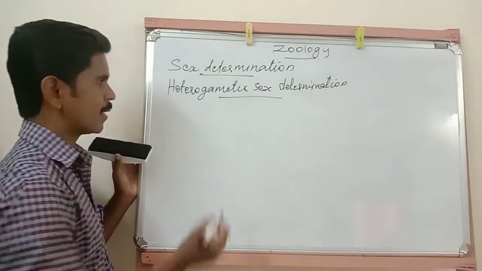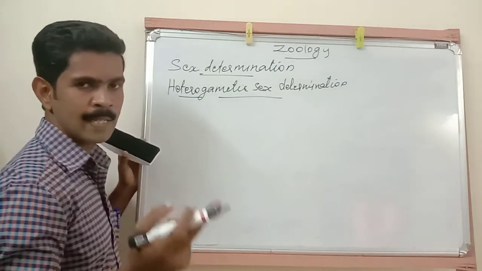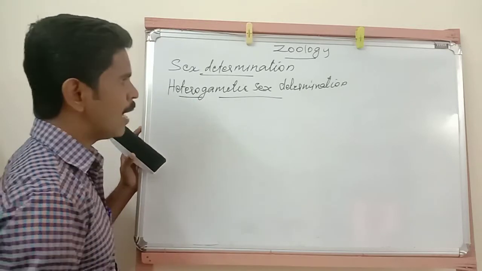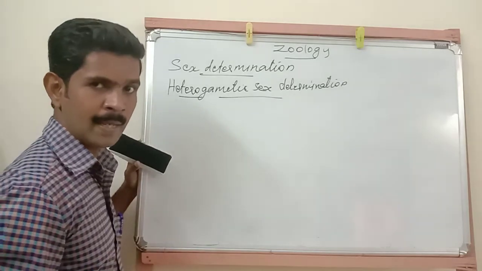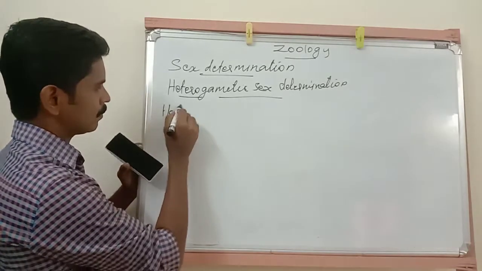Heterogametic sex determination. Here hetero means different. As I already told you, two sex chromosomes are there, and both sex chromosomes are different. Heterogametic sex determination is divided into two types: heterogametic male and heterogametic female.